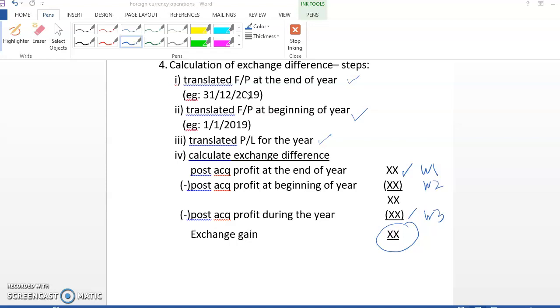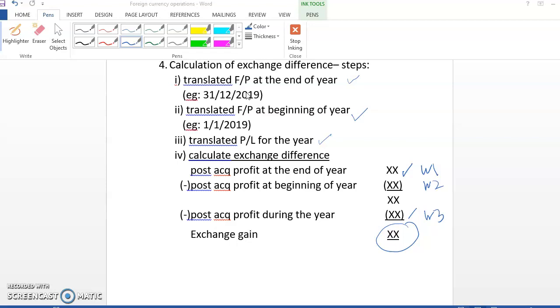Now we proceed with step number 3, the translated P&L for the year. Under translation from functional to presentation currency, all items use the average rate. The average rate is 2.5.